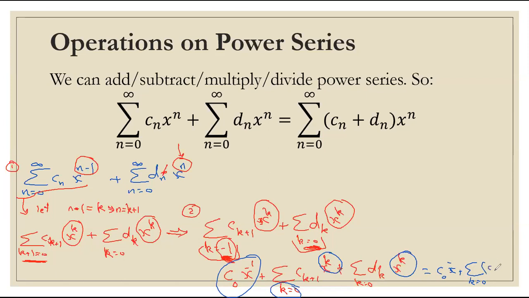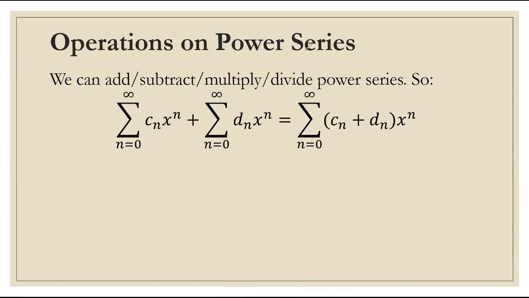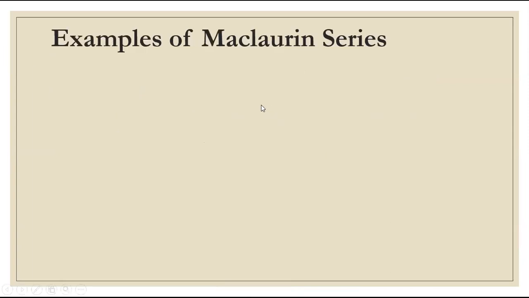The coefficients here are c(k plus 1) plus dk, and x to the k is a common factor. So I can do that. I can use the summation, as between two matrices, if I have the same x to the power k and the same index. And that can also be considered for subtraction between two matrices.